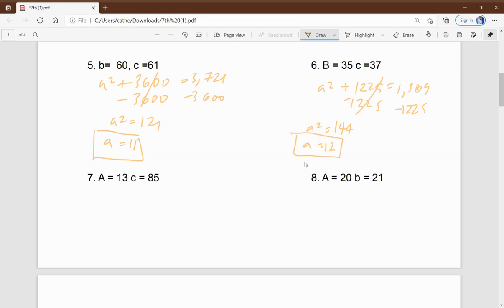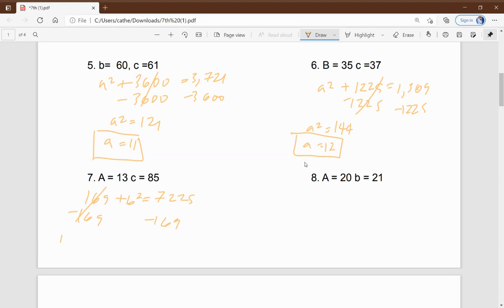Okay, a squared, 13 times 13, 169. And that's going to be added to b squared, which equals 85 times 85. You get 7,225. Subtract 169.